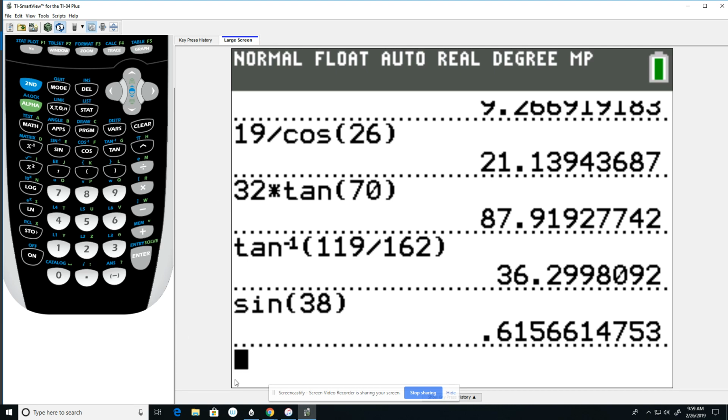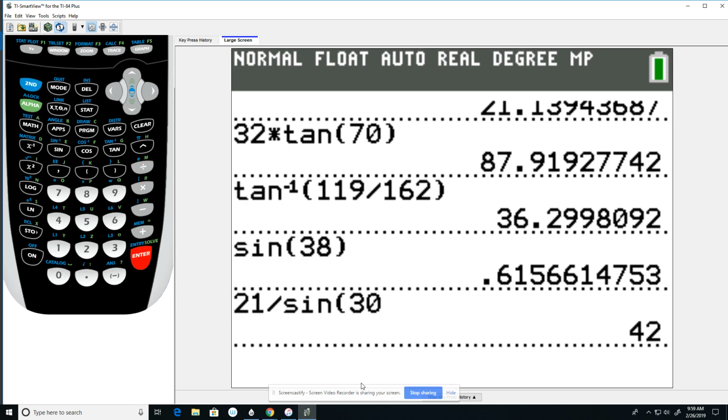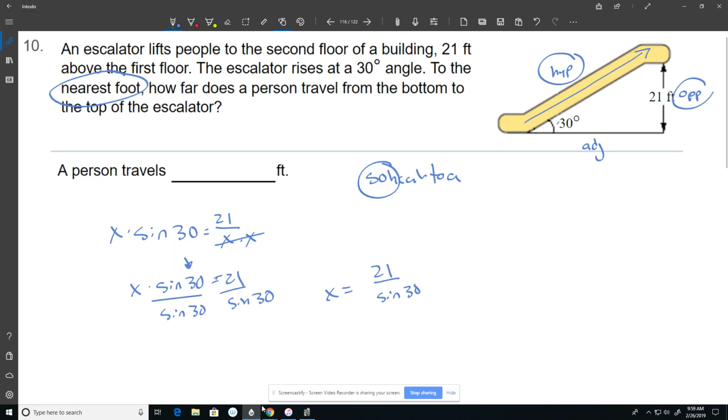So we are doing 21 divided by the sine of 30, which equals 42. So my hypotenuse, this length right here, would be 42 feet. And obviously 42 is an exact number, so I don't need to worry about rounding that one.